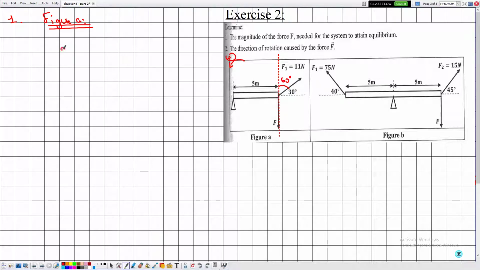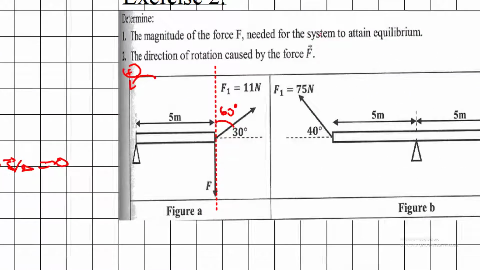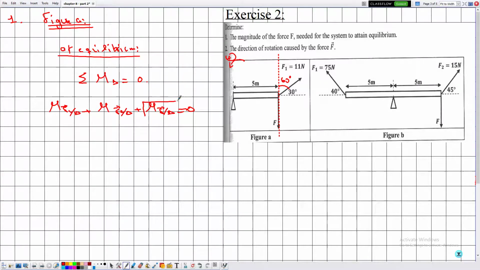So we will say at equilibrium we have that the sum of moments around the axis delta is equal to 0, and here we are talking about the moment of the force F1 produced around delta plus the moment of the force F2 produced around delta plus the moment of the force F produced around delta. And let's determine each of the following expressions, knowing that the value of F, which means the magnitude, will appear eventually in this term.